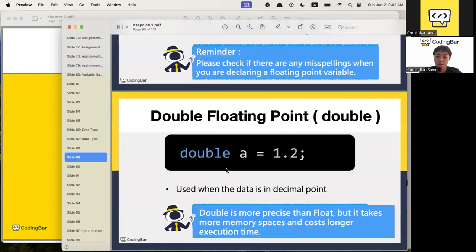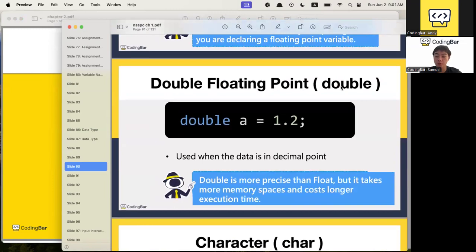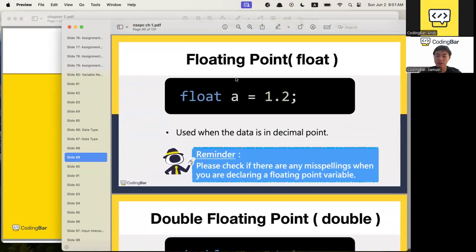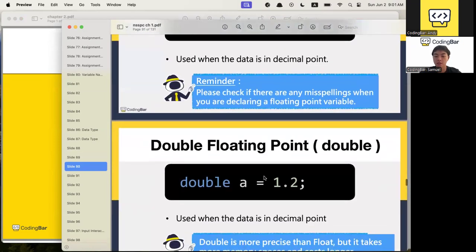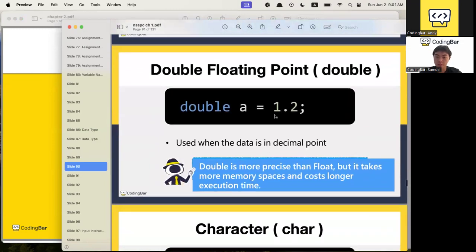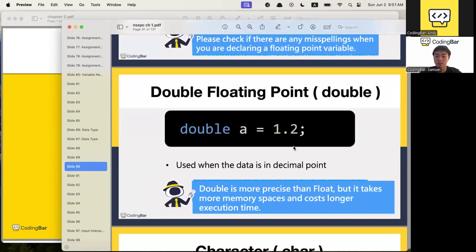Also we have double floating point. Double is very similar to floating point, but it can store more precisely. It can store more information, so it can store a longer decimal number.